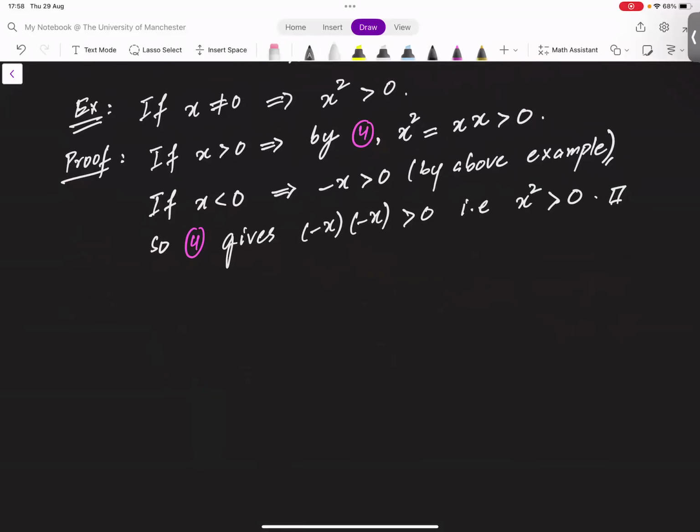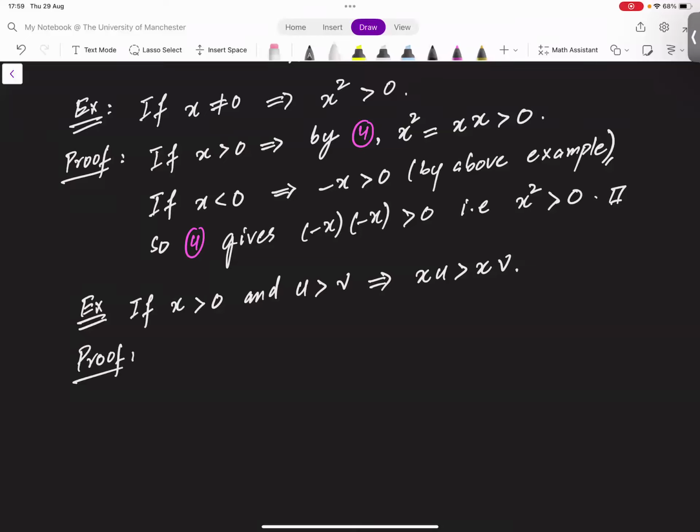Next one says that if x is greater than 0 and u is greater than v, then xu is greater than xv. This is a bit tricky one, but we can prove it.